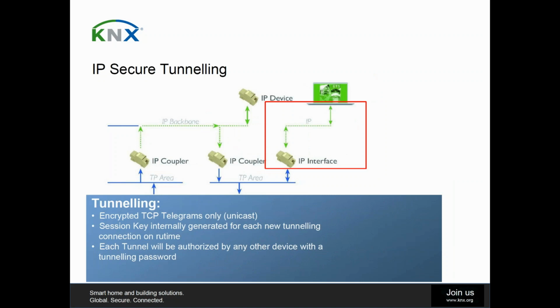Tunneling is a bit different. It's only a one-to-one point connection, and that means in that case it could be a TCP connection, and as it is standardized by the KNX, encrypted tunneling or secure tunneling is always TCP communication. TCP communication has an advantage even in plain mode, that you don't have to handle these connection telegrams, which you have perhaps seen with a sequence number.